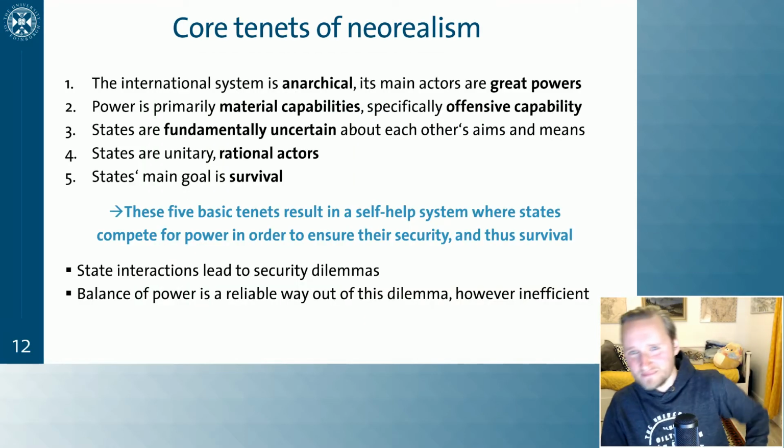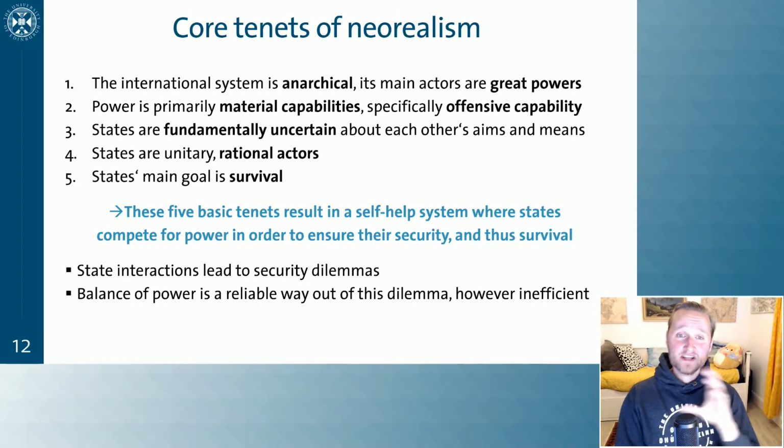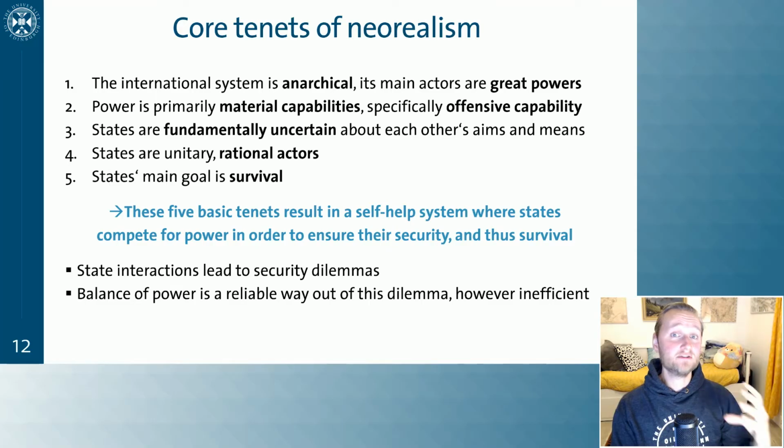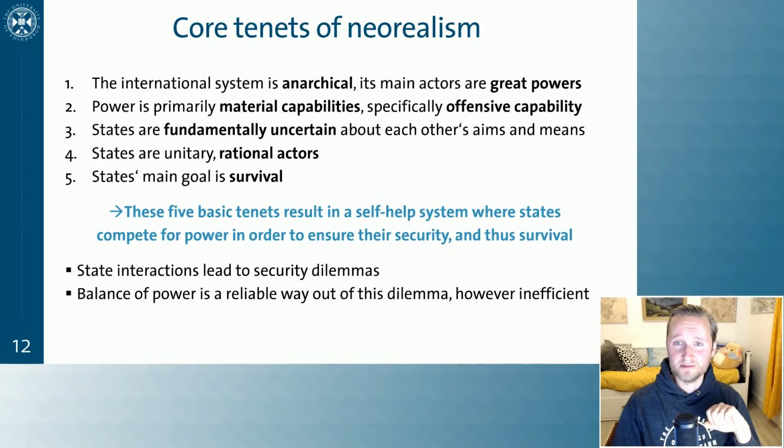Not sure. So what are the core tenets then of Neorealism? Because Neorealism's main advantage is that it's fairly simple, which also means that it's often attractive to students because it's not really that hard to get your head around how it works. So there's 5 core things about the international system that we have to understand, say realists.